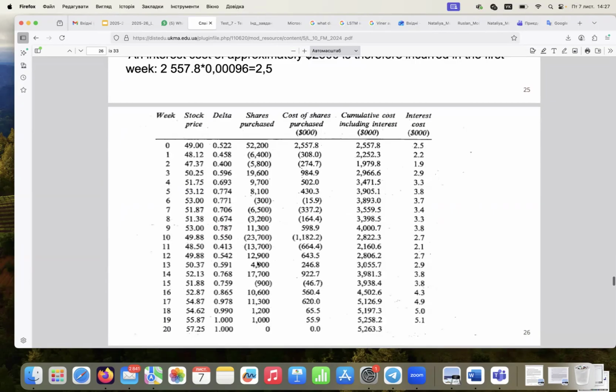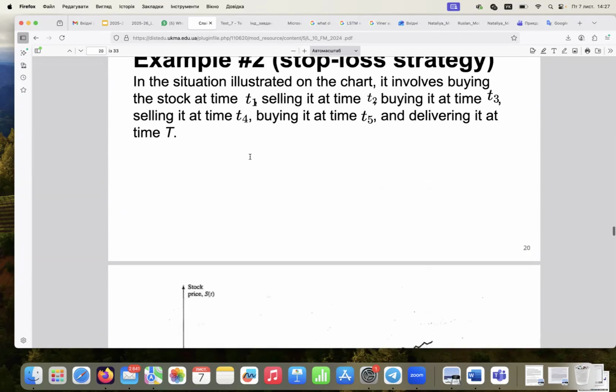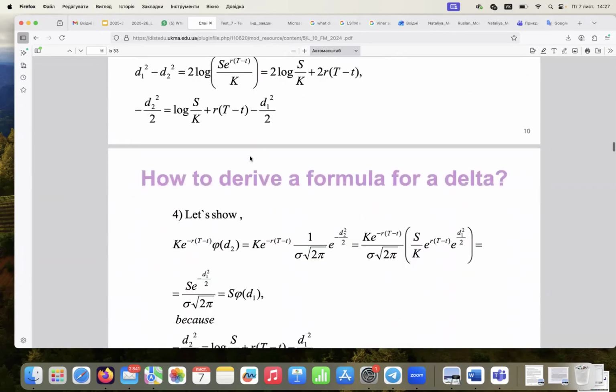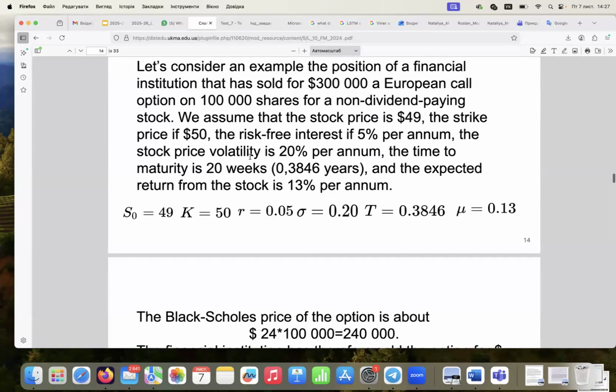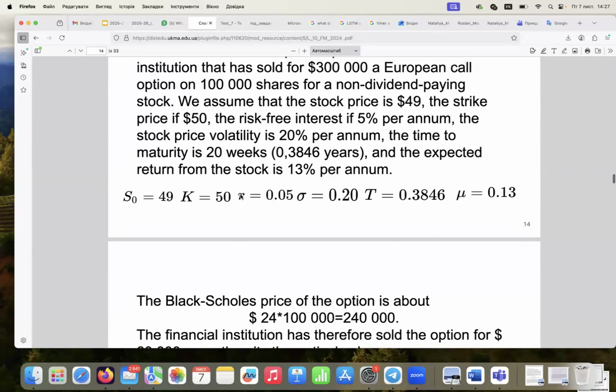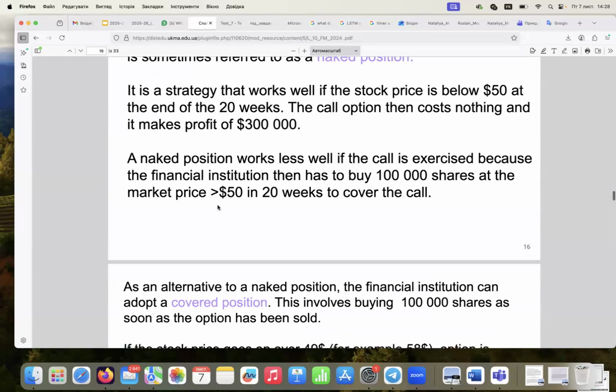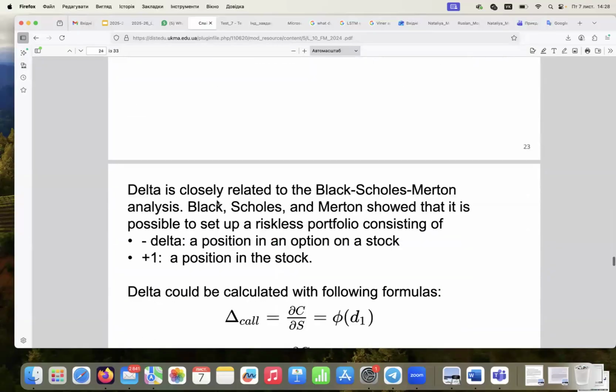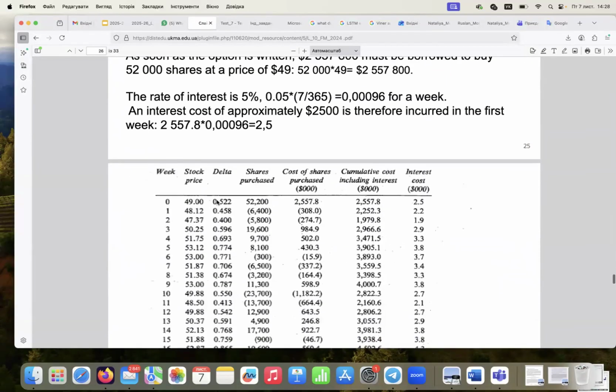So you remember in our example that we have 20 weeks. Do you remember this 20 weeks? Yes, it is this example. 20 weeks is this part of a year, and this 49 and strike price 50. All this we use in this example.